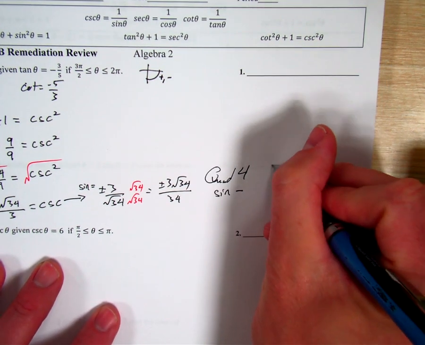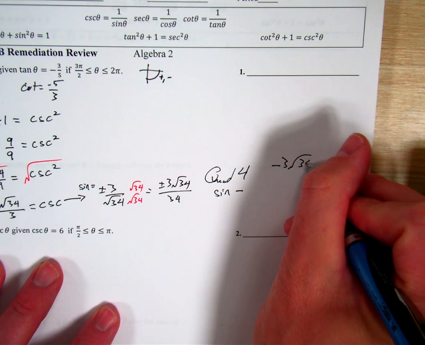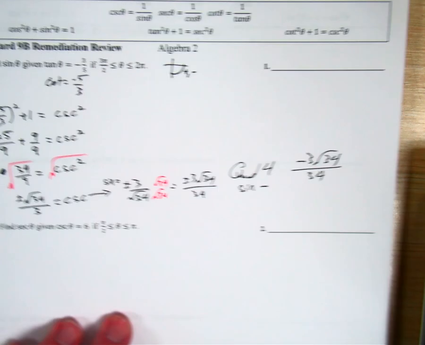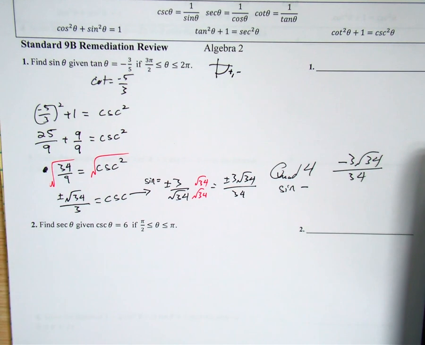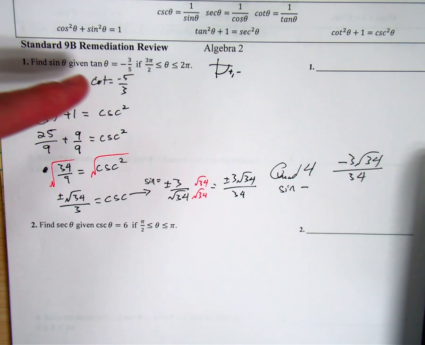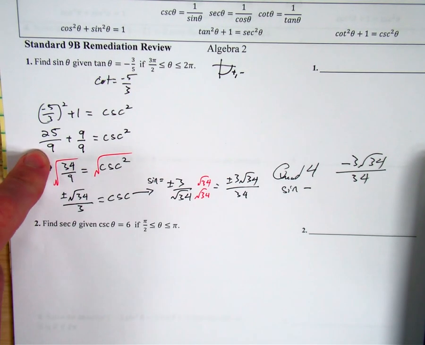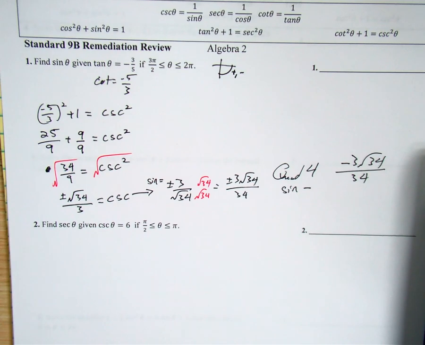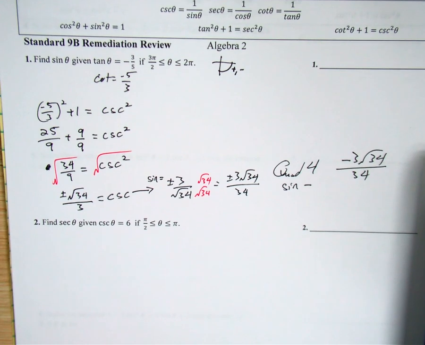So we're going to have negative 3 radical 34 over regular 34. Okay, so we got a chance to do two reciprocals in one formula in the middle, or you could do formula, reciprocal, formula. Up to you. Two should be pretty similar.